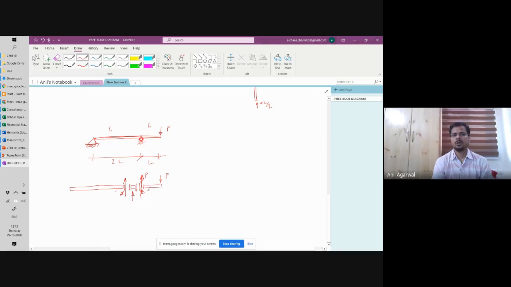And then you've got a net moment of PL acting in the clockwise direction. So a counterclockwise moment here will be PL. And this sign is correct, because this will be counterclockwise, and there is a net clockwise moment of PL. So the two will balance. Now, since this force is P, its Newton's third law reaction will also be P. Correct?